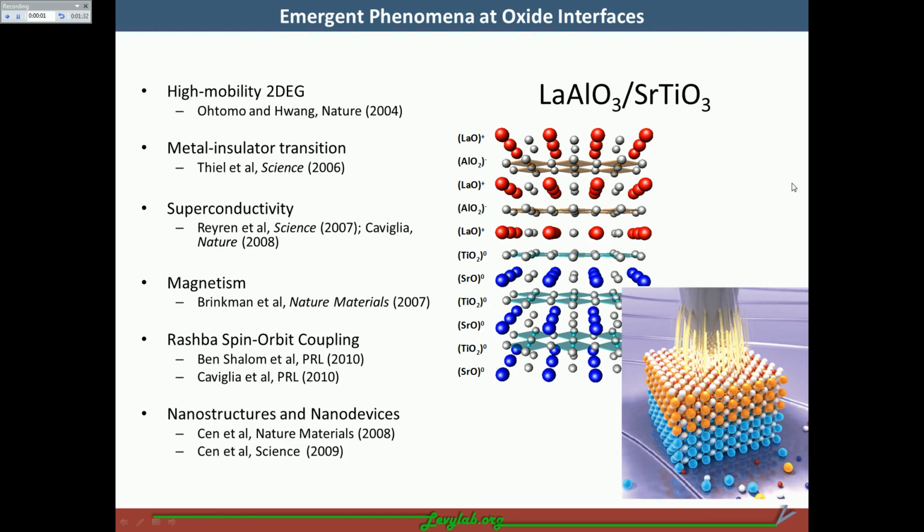So there are also some other interesting properties of this interface. We see the high mobility two-dimensional electron gas and the metal insulator transition that I just talked about. There's also superconductivity at the interface, magnetism, a strong spin orbit coupling, and we have the ability to write nanostructures and nanodevices at the interface.